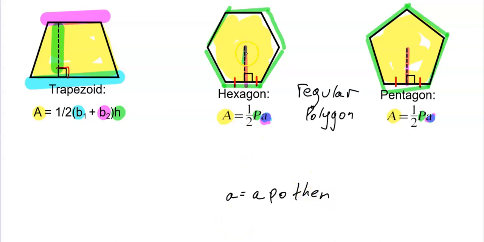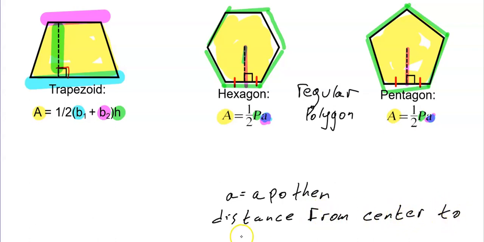Apothem is the distance from the center to the midpoint of the side at a right angle. So apothem is the distance from our center to the midpoint of any side.